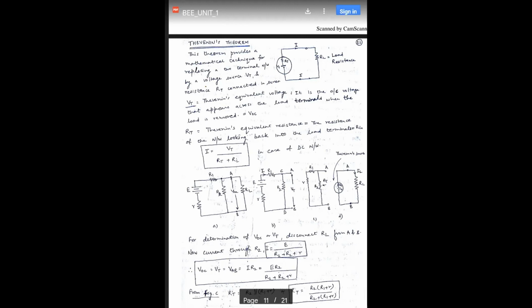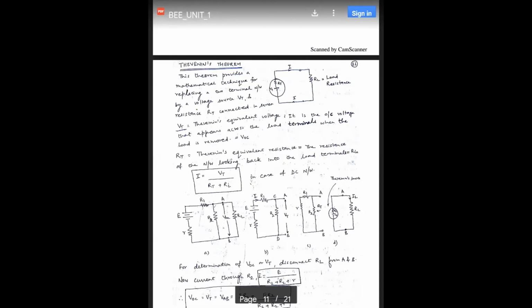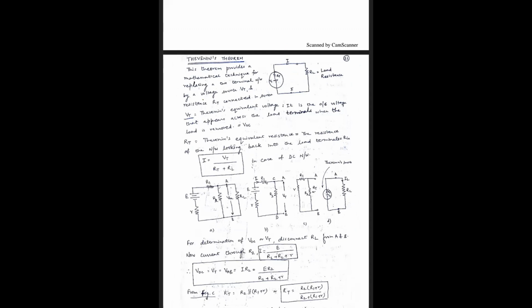Vt is the Thevenin equivalent voltage. It is the open circuit voltage that appears across the load terminals when the load is removed, so it is also termed the open circuit voltage.